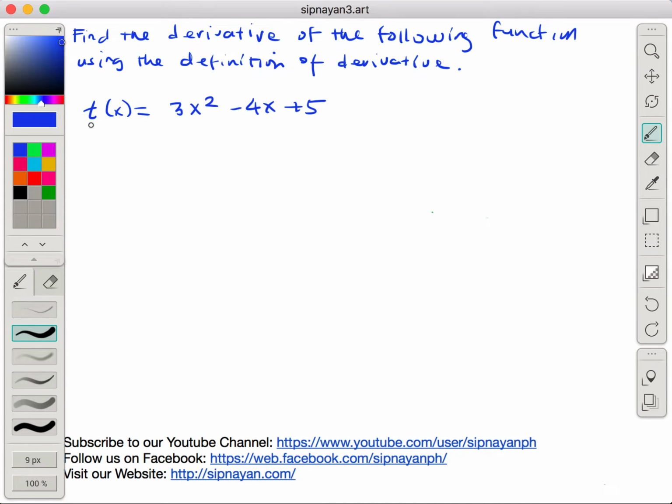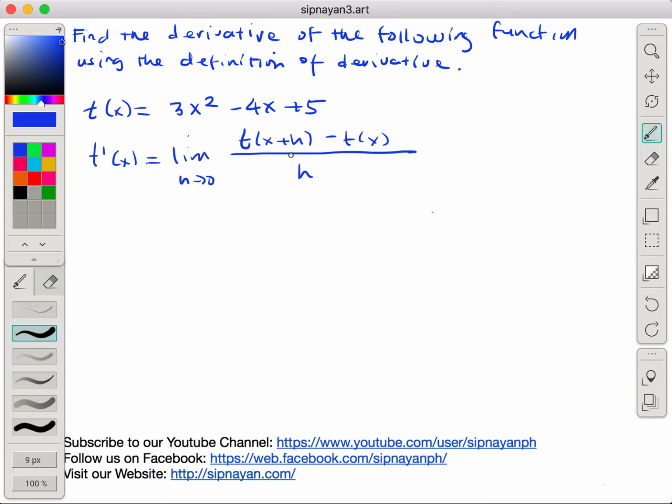Here, the name of the function is t. So yung formula natin will become t prime of x is equal to the limit as h approaches 0 of t of x plus h minus t of x over h. So, pinalitan lang natin yung f doon sa taas ng t.